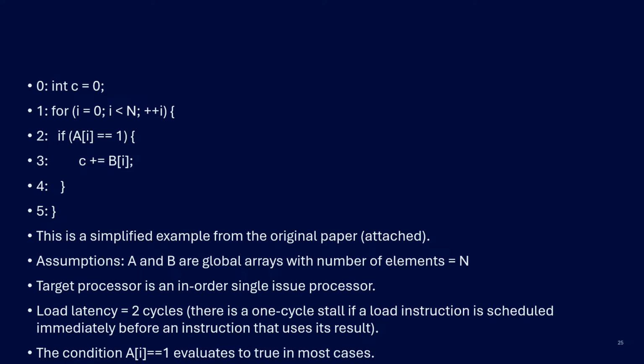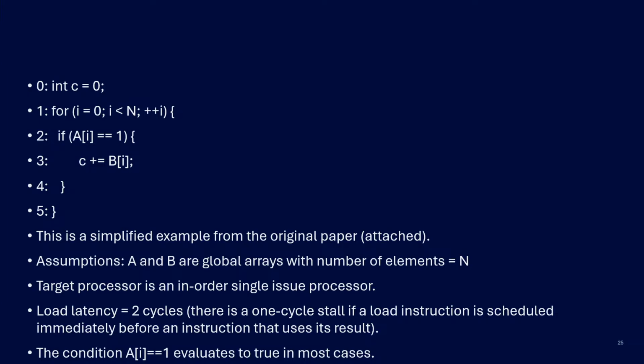So is this CFG correct? Any concern? What did we assume? A of I equals 1 evaluates to true in most cases. So which edge is taken in most cases? B1 to B2, right?